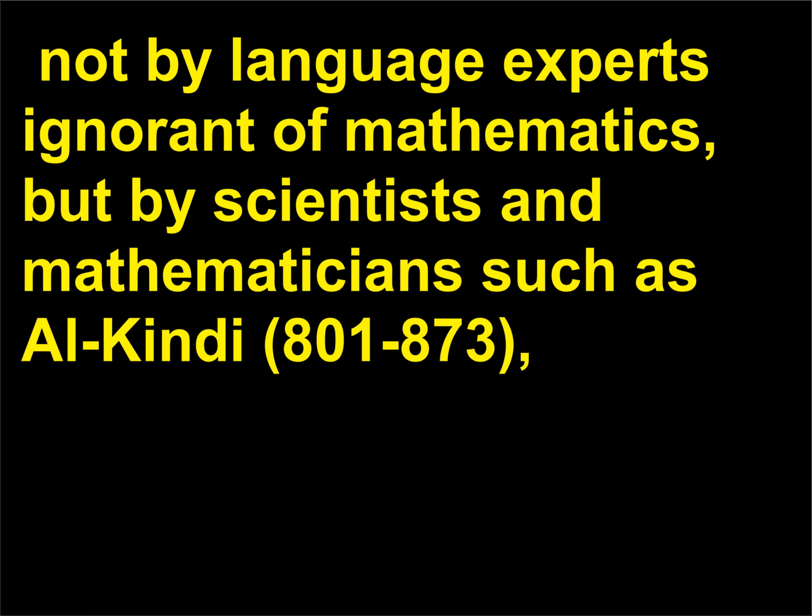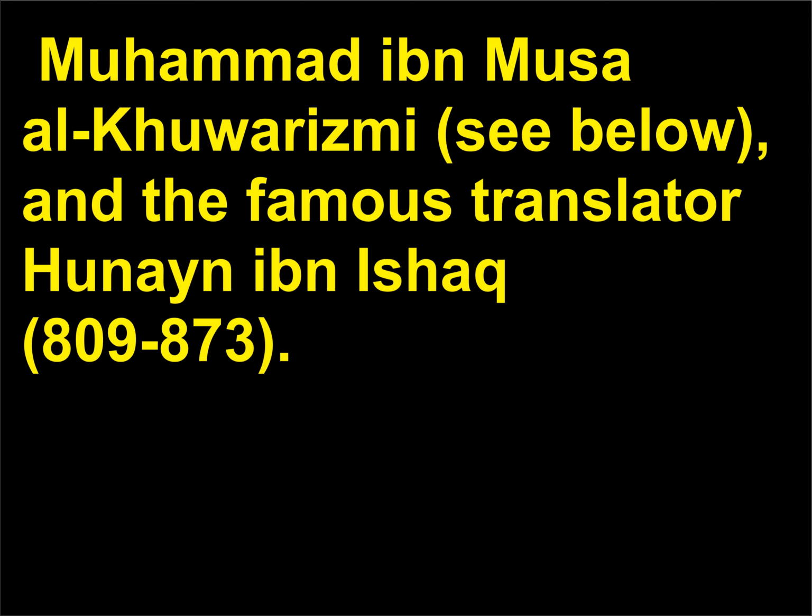Not by language experts ignorant of mathematics, but by scientists and mathematicians such as Al-Kindi, 801 to 873, Muhammad ibn Musa al-Khwarizmi, see below, and the famous translator Hunayn ibn Ishaq, 809 to 873.